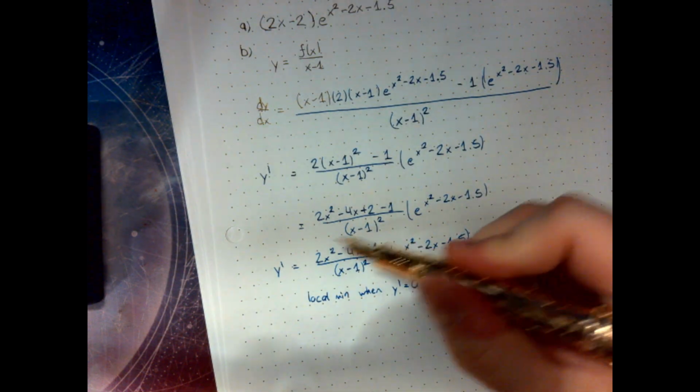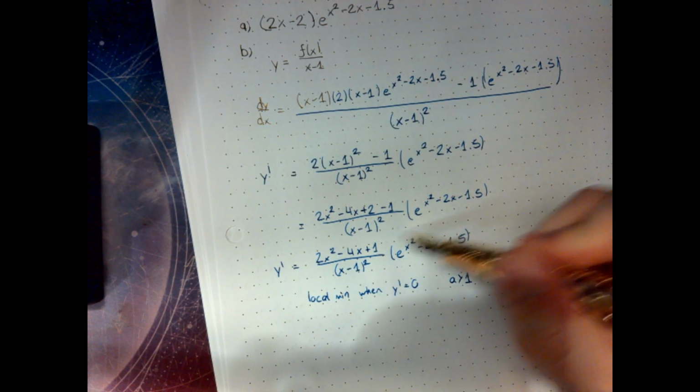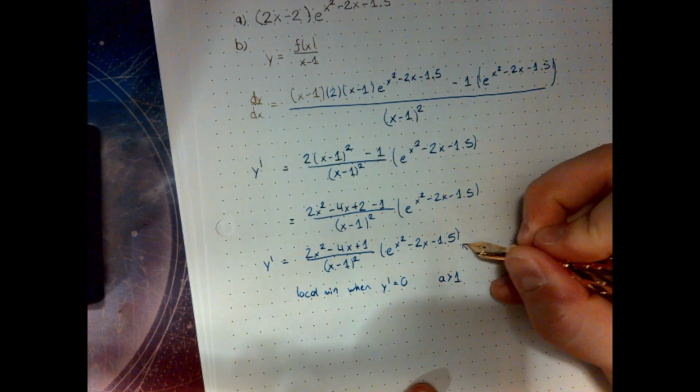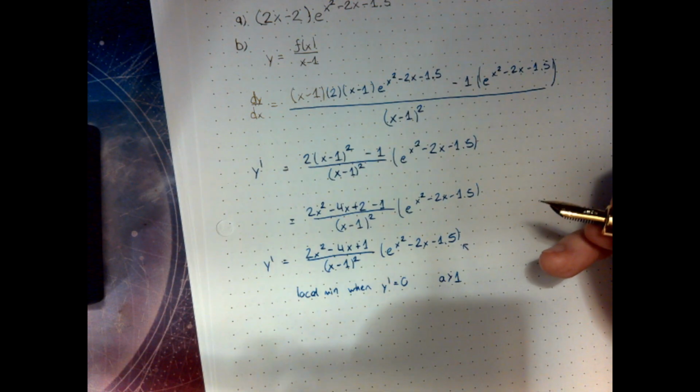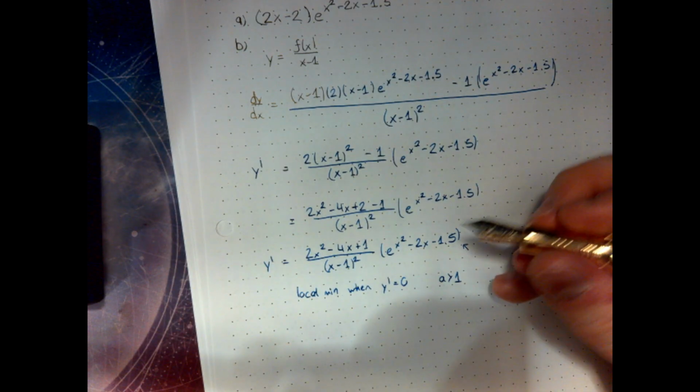We have to look at the numerator up here, and we have to look at the denominator here, and the denominator here. So, some notes. The e to the x squared minus 2x minus 1.5 is never going to give me a value of 0, right?